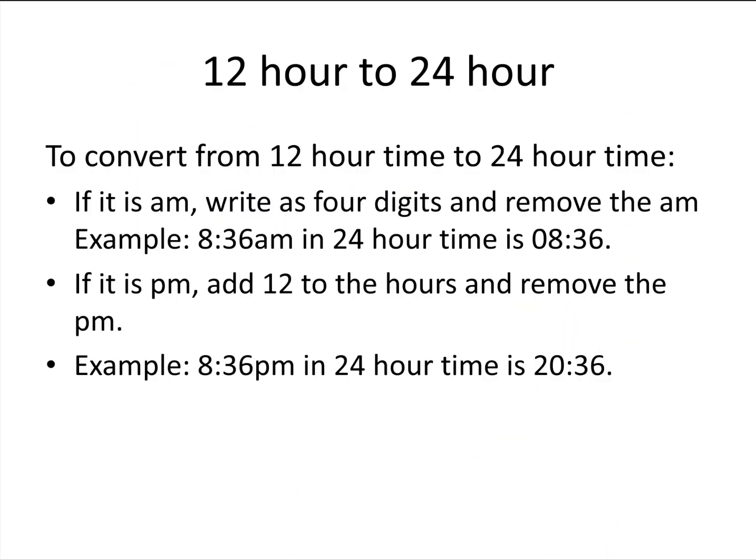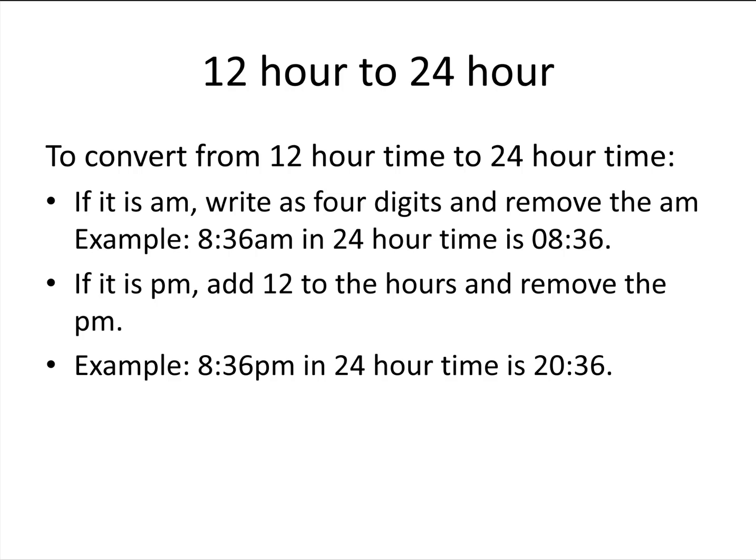To convert from 12-hour time to 24-hour time, if it is AM, we write as 4 digits and remove the AM. So for example, 8:36 AM in 24-hour time will be 0836. So we add the 0 because it needs to be 4 digits. Of course, if it's 10 or 11, you don't need to add a 0 because it's already in 4 digits. And then we remove the AM. If it is PM, we add 12 to the hours and remove the PM. So we're adding on the morning.